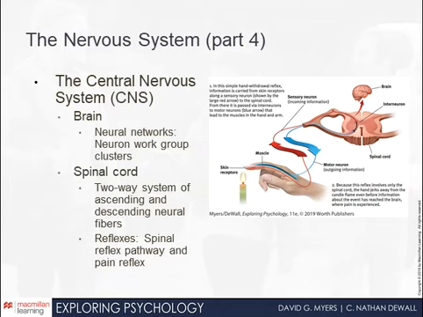Things can happen without the brain being involved or controlling it. So, for example, as we see in the graphic here, in this simple hand withdrawal reflex, information is carried from the skin receptors along the neuron here to the spinal cord. From there, it is passed to the interneurons, to the motor neurons that lead to the muscles in the hand and arm.